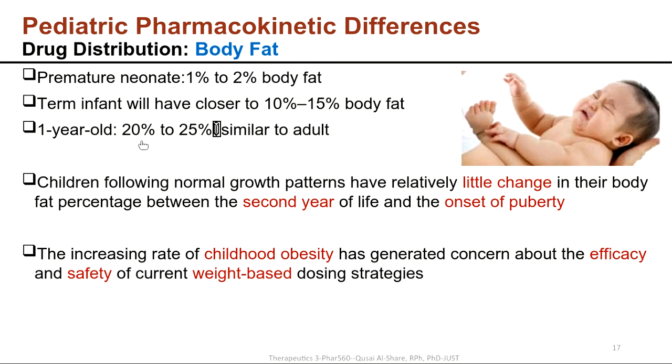So again, if the child is following normal growth patterns, they normally have relatively little change in their body fat percentage between the second year and the onset of puberty. That change is very little. The increasing rate of childhood obesity would be the problem.